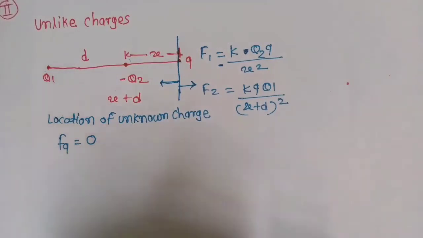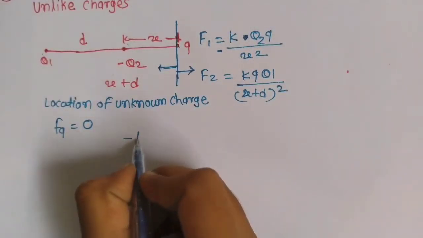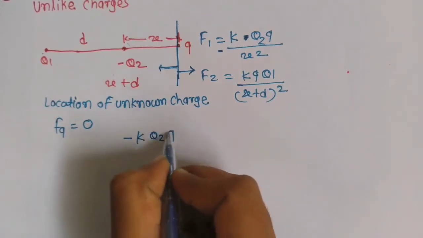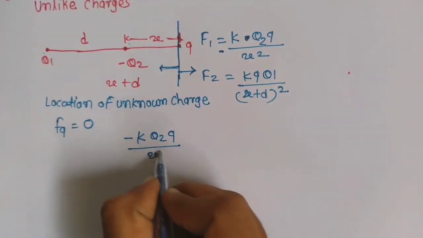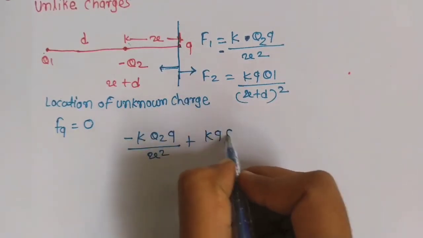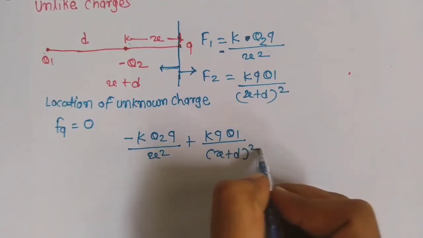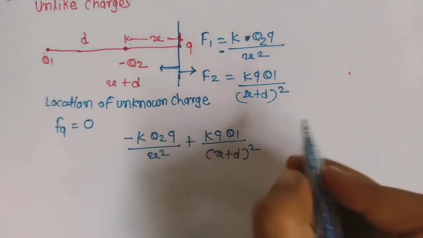So we add both, and that is F1 is minus kQ2Q upon x square plus kQQ1 upon (x plus d) square is equal to the net force on it, which is 0.